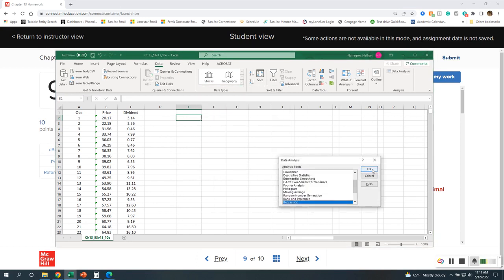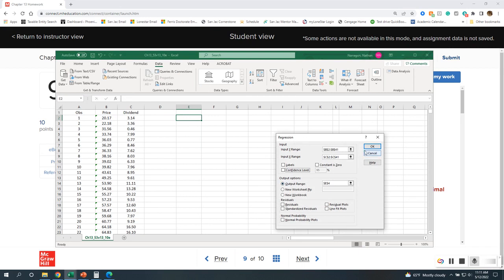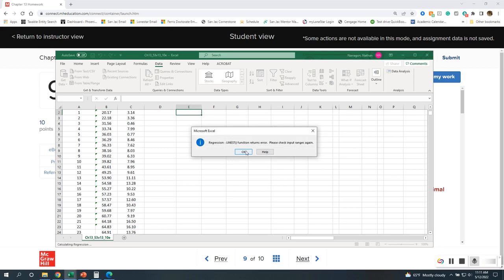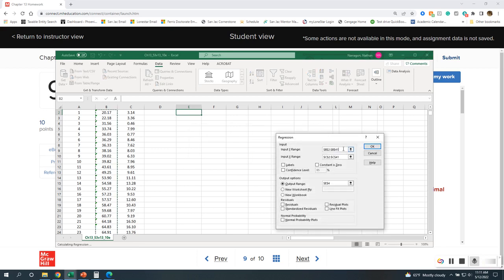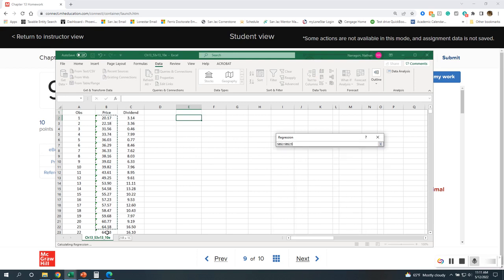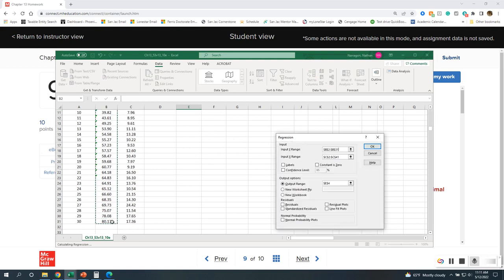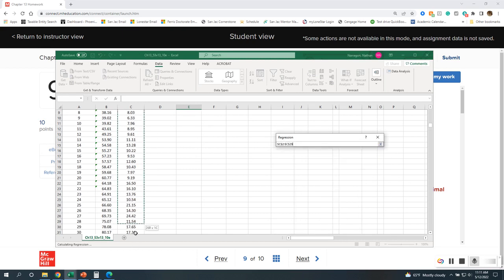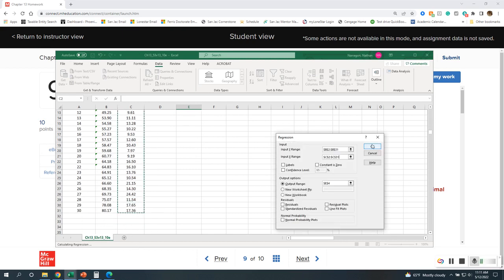So data analysis, regression, and since this is all already inputted. Oh, we got a function range. So let's go ahead and put it in. And then put output range right there.